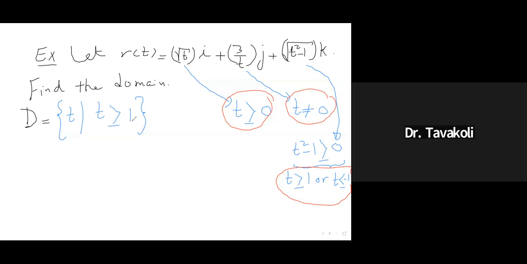Let me also give an example where we have vector valued functions with two coordinates, which is also possible.